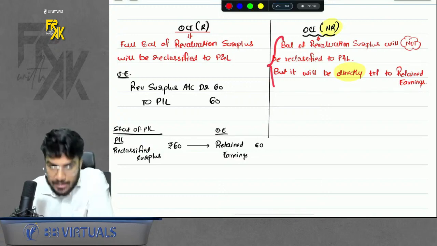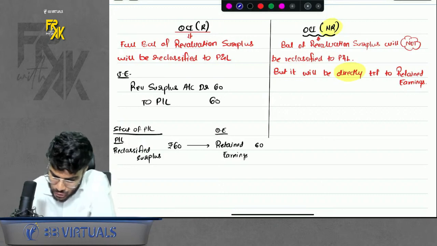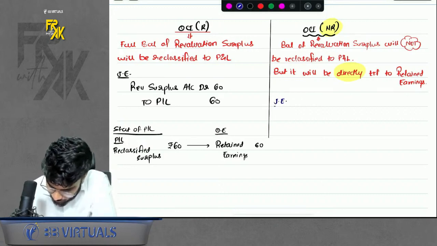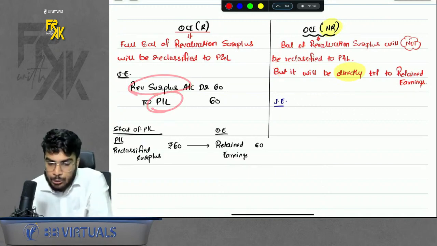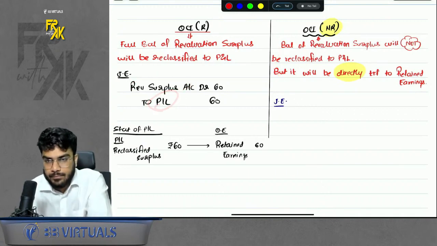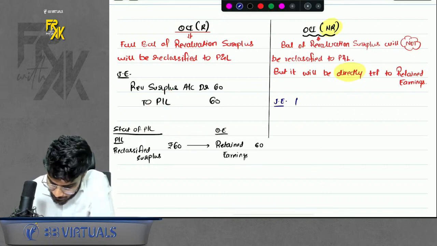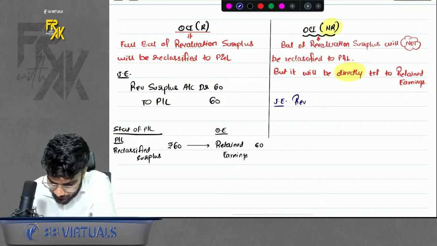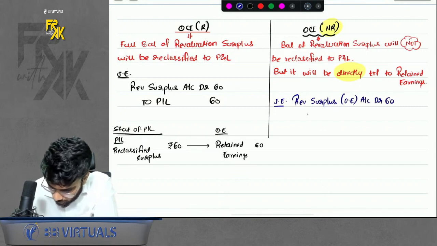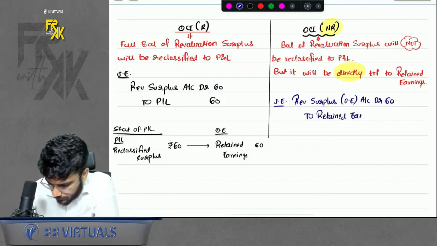So what does this denote? Let me pass a journal entry for you. What this point has to say is, you will not pass the entry of surplus to PNL. You cannot reclassify it. So what entry will we pass? We have to directly transfer to retained earnings. So we have to empty the balance of revaluation surplus. That is, one component of other equity will become nil, and we will directly transfer it to retained earnings.